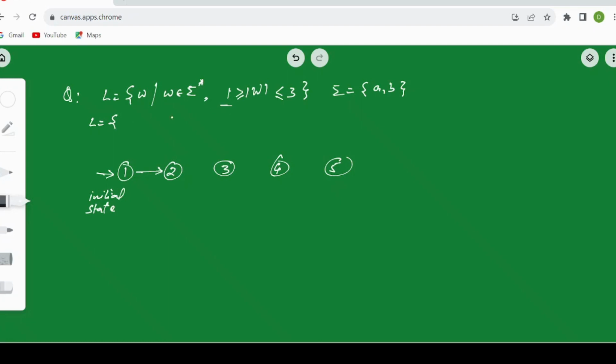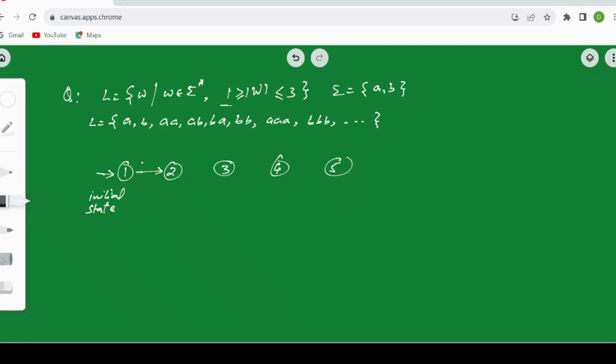Because single length strings are accepted, we will have A, B here. Length 2 strings are also accepted, therefore we will have AA, AB, BA and BB. And string length 3 are also accepted, therefore we will have 8 combinations here, and so on. It's a finite set.